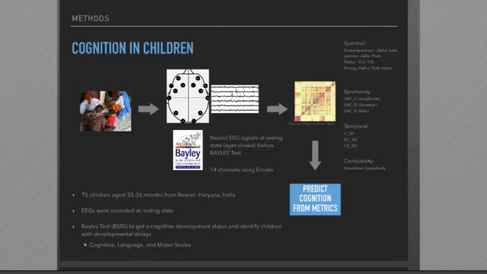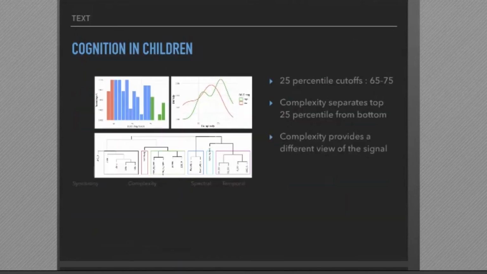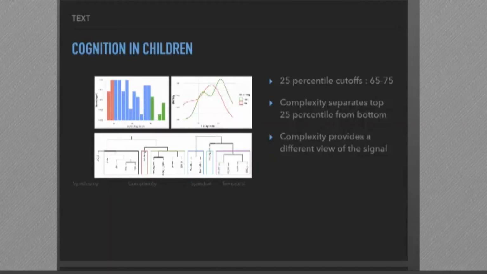from these metrics. Right. And what we can see is this histogram on the left shows the cognitive scores across 70 children. The bars in red show children whose score is less than 65, and these are the children who probably need intervention. And this is children in the middle, and these are children with higher scores.